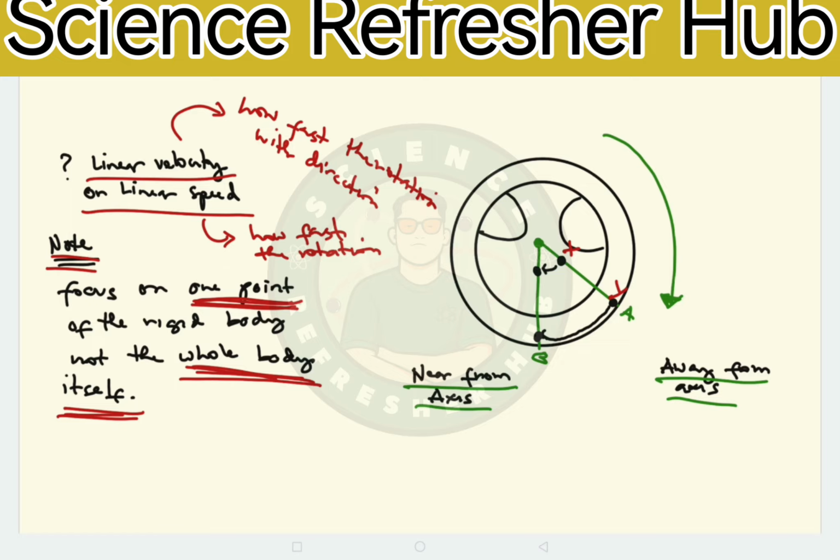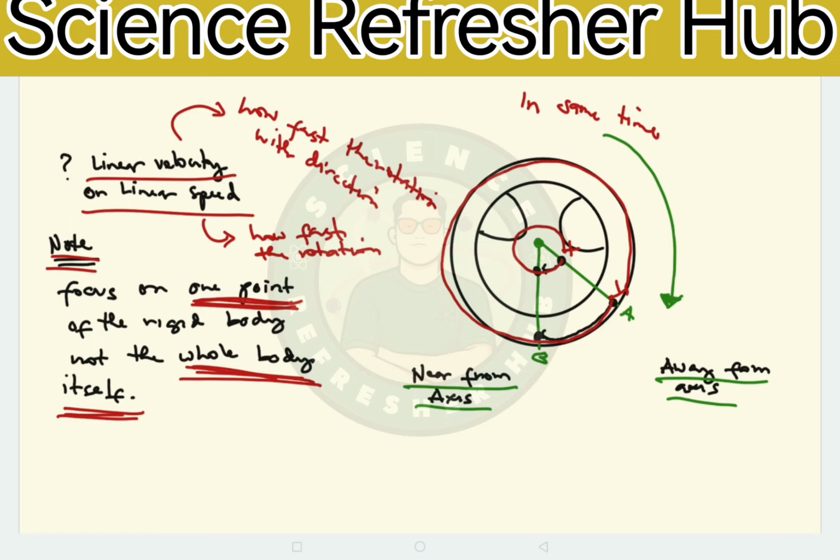This point X will rotate in tiny circles, while Y will rotate in a much bigger circle. So which point travels the longest in the same time? Which point travels a lot of distance or displacement, and which point travels less distance?